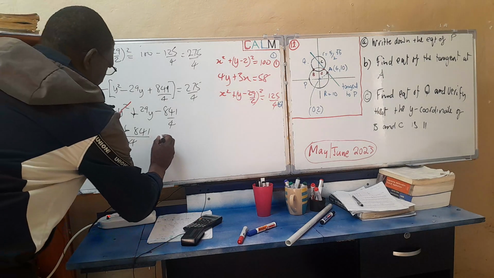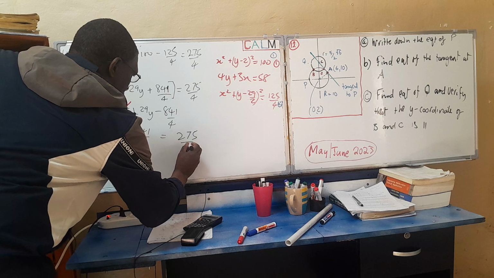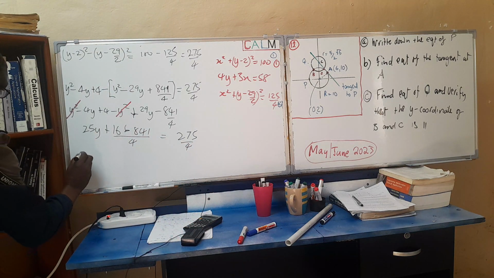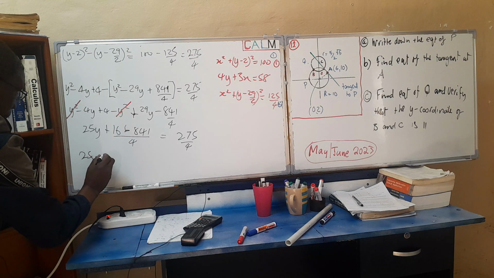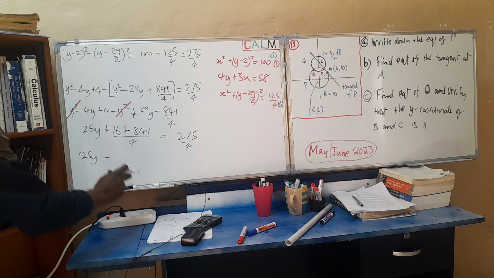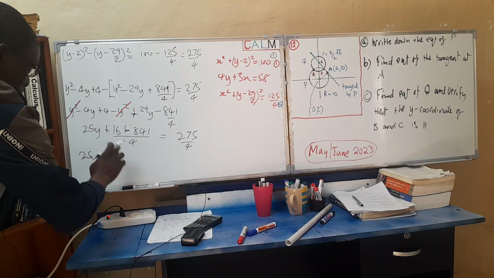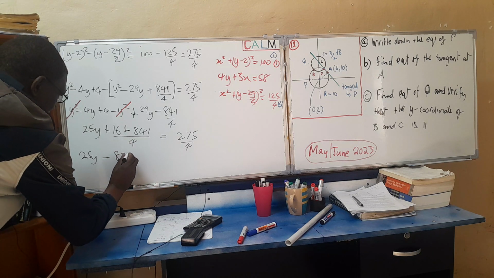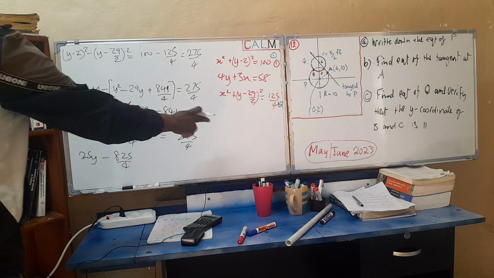So of course, this is equal to 275 over 4. Let's simplify this part here. It's 25y minus, 16 minus 841 is minus 825 over 4. Take this to that side.